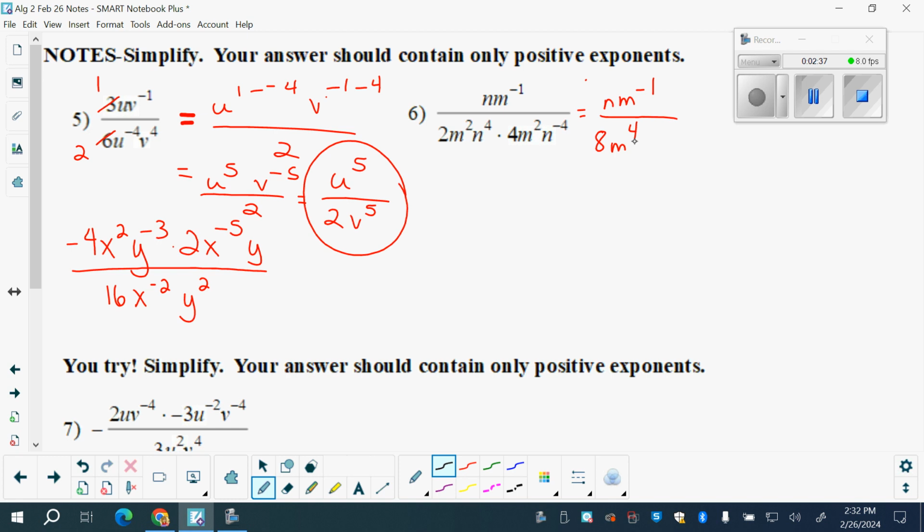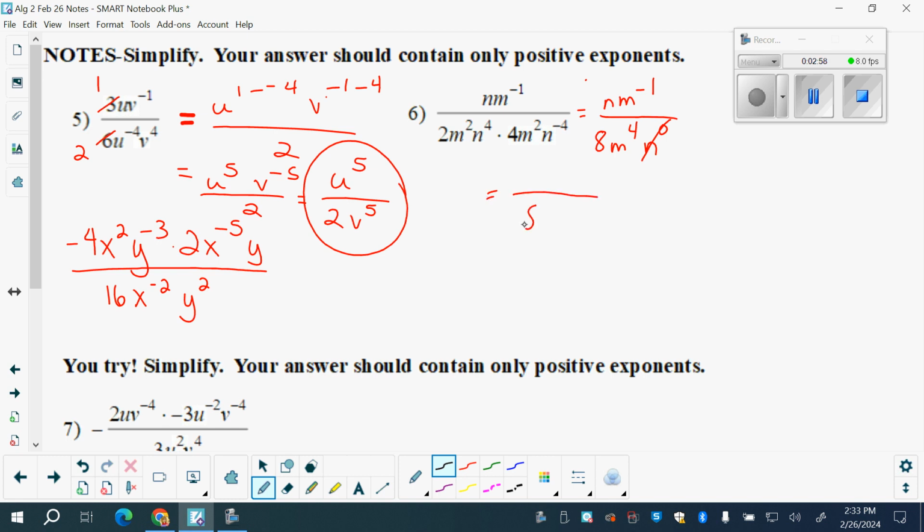And then when we take n, 4 plus -4 is 0. What's n to the 0? 1. So I'm just going to cross that out because we don't need to worry about that anymore because it's just a 1. So now I need to simplify my exponents from the top and the bottom.